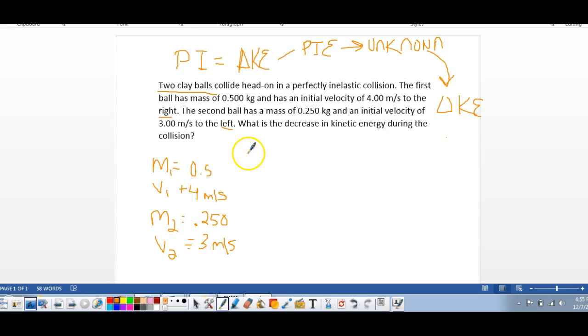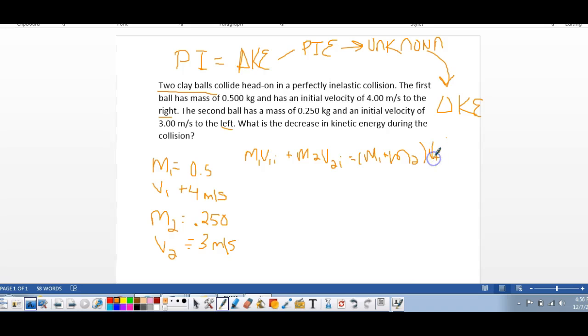So let me plug this in, and the equation is m1 v1 initial plus m2 v2 initial, and that's going to equal the two masses combined, m1 plus m2, times the velocity final, because they're now one mass.